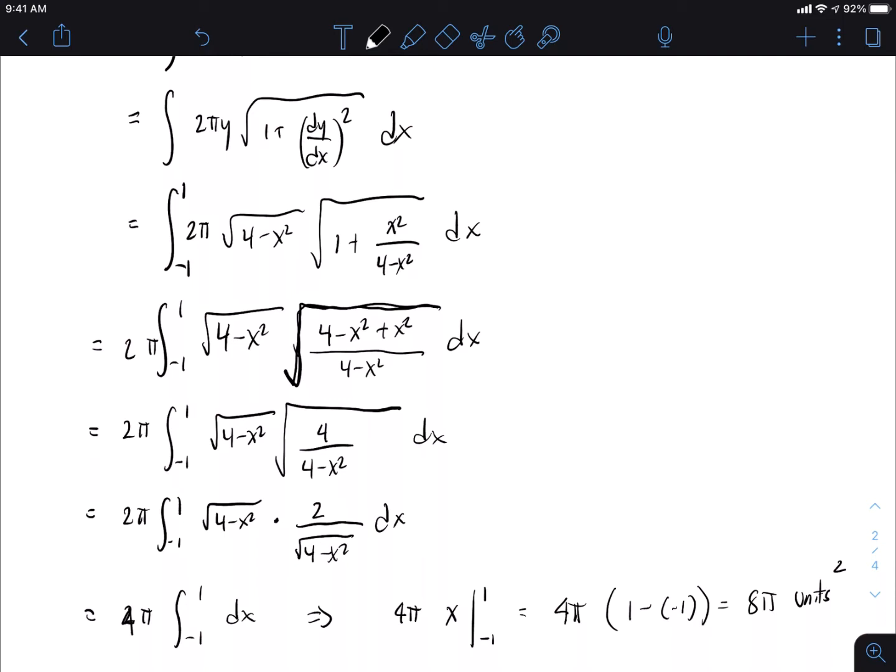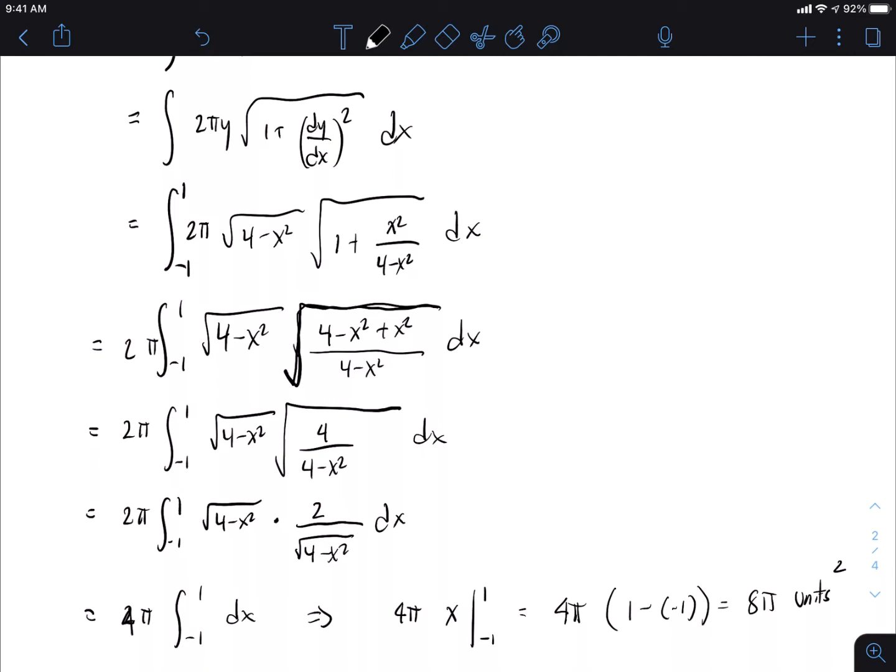And in this case, our ds was the 1 plus the derivative squared in terms of dx, and it was because our bounds were in terms of x. Okay? So does that make sense how you decide which ds you use? It's the opposite of whatever one you're in, right? Because this one was in terms of x, so we did dy over dx. So yeah, whatever the bounds are.